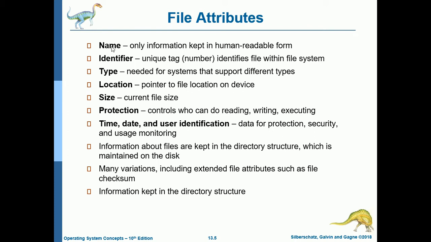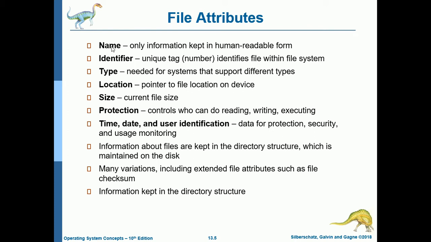Next we have the location, a pointer to the file location on the device. The size is the current file size. Next we have the protection, which controls who can do reading, writing, and executing. And then time, date, and user identification, which is data for protection, security, and usage monitoring.